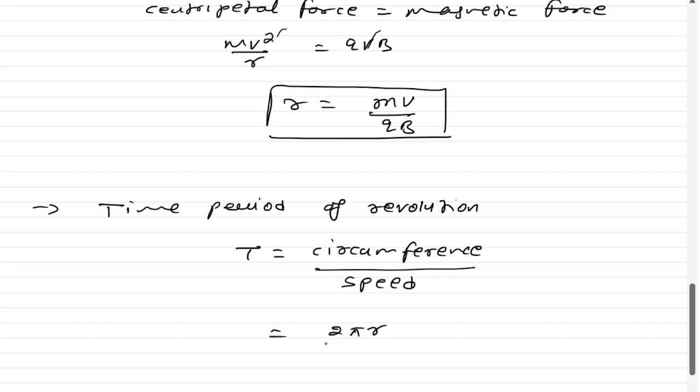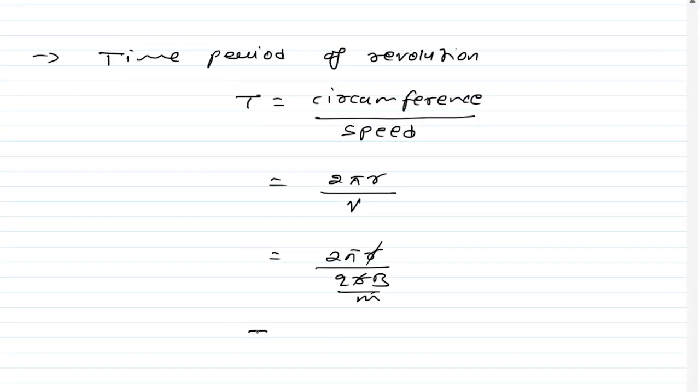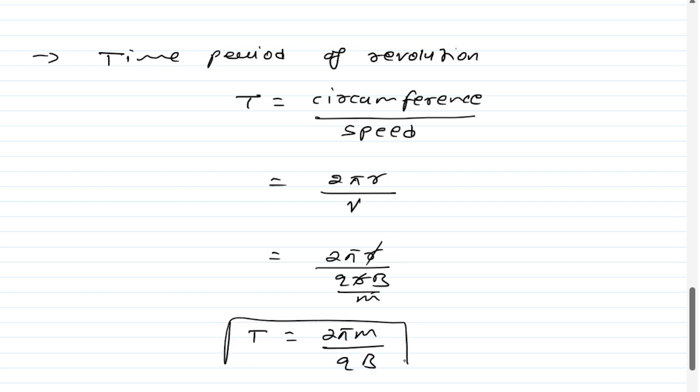So that is 2 pi r upon v. And if we want r, it can be written as mv upon qB. We can put it here. v will cancel, m will go up, so T equals 2 pi m upon qB. This is the time period.